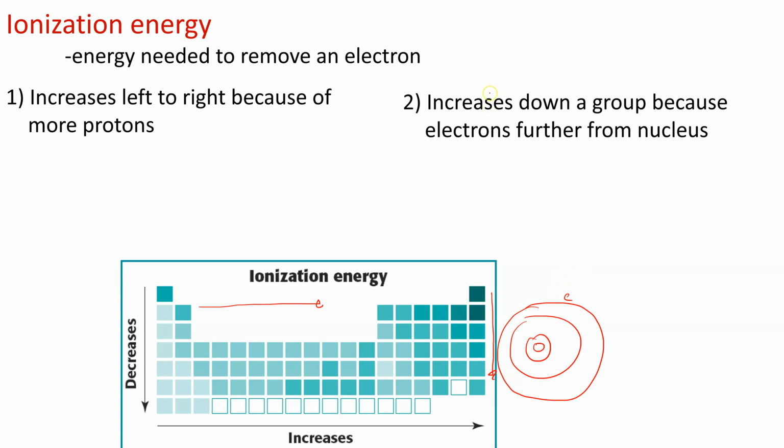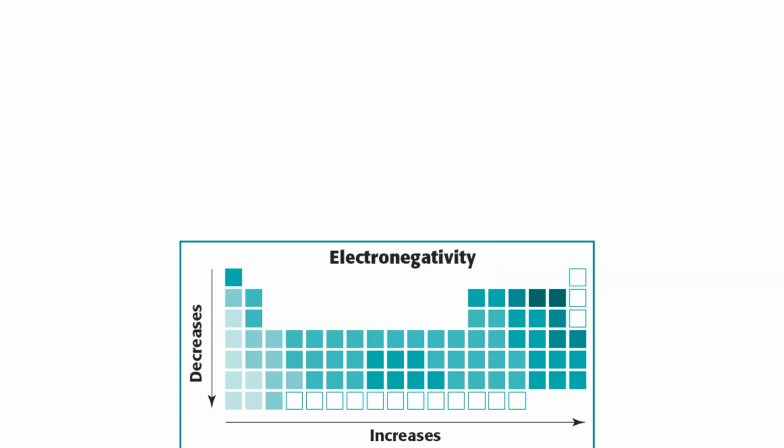So it decreases down a group, not increases. As you look down a group, ionization energy decreases. Why? Because there's less attraction to the nucleus. The less attraction there is, the easier it is to remove the electron. Because that's all it is, the energy needed to remove an electron. So there's less attraction, and you're going to have an easier time removing it.